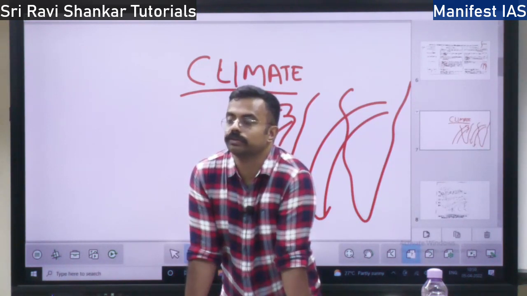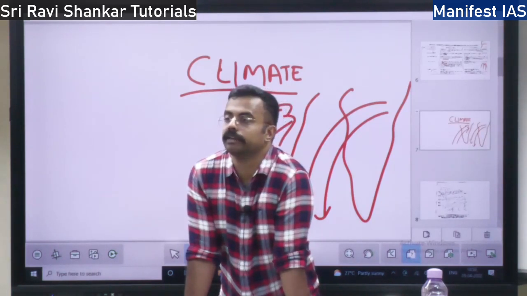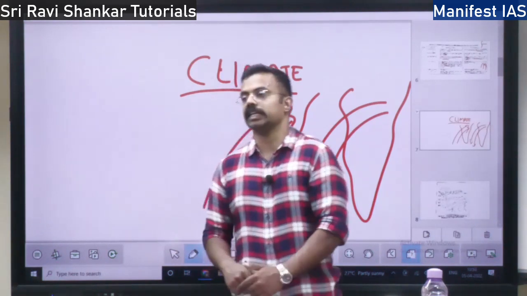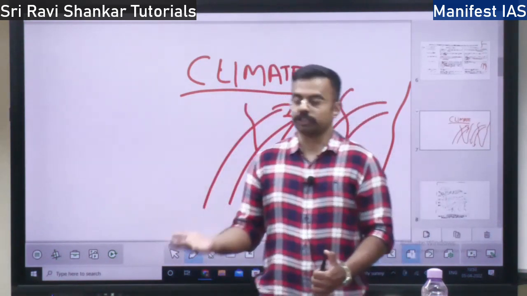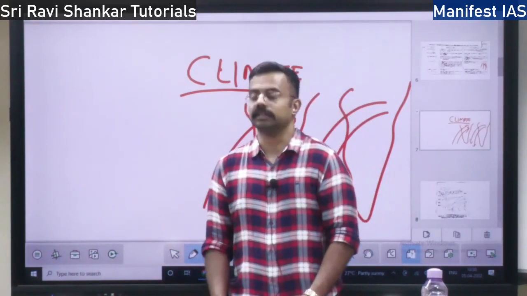In Tamil Nadu, you will not find rainfall during the monsoon, whereas you will find rainfall in the northeast monsoon, October, November. This is the precipitation variation. So temperature varies, and precipitation also varies within India, right?